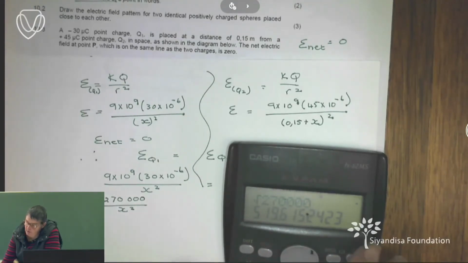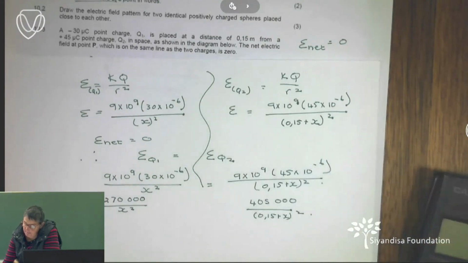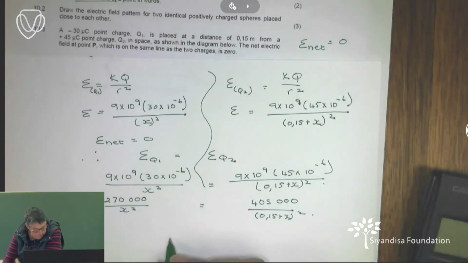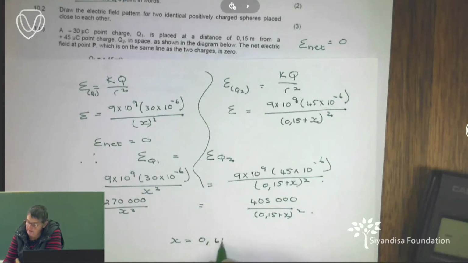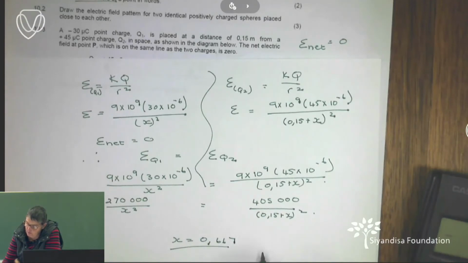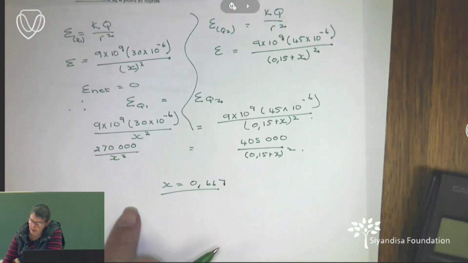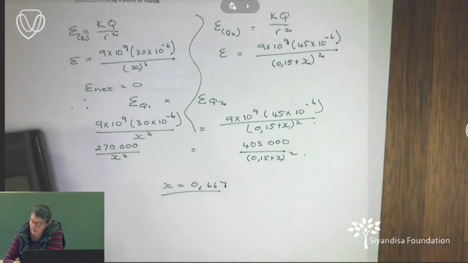So then that should give us, let's check, okay, I get my answer to be that x is 0.667. Okay, that's my final answer I got. Right. While you're sitting there, just quickly check your maths. I'm going to just check mine.